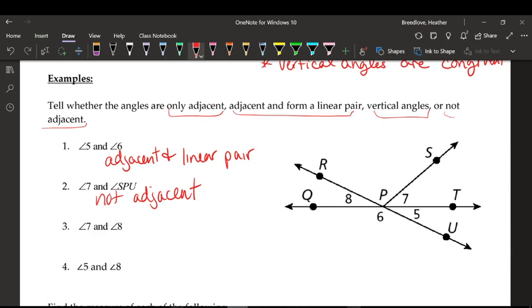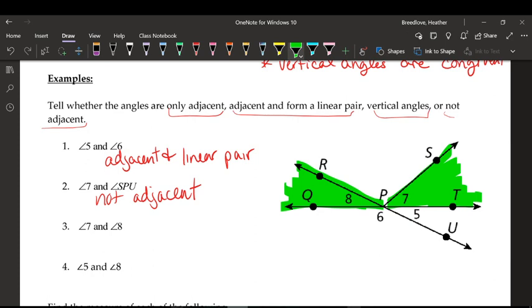All right, so angle 7 and angle 8. Are those adjacent angles? Are they next to each other? They share a side? They do not share a side, right? So only adjacent? Nope, that's out. Adjacent and form a linear pair? Nope, not adjacent. Are they vertical? Not quite, right?